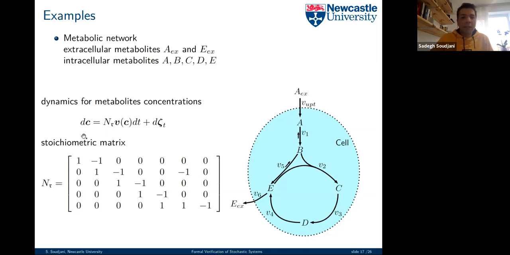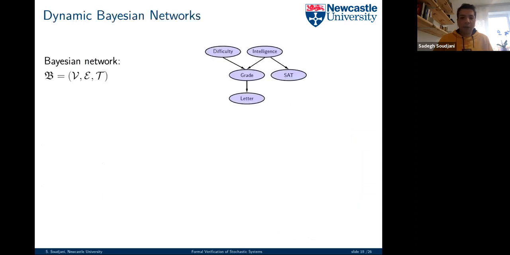And usually there is a stoichiometric matrix in this equation that gives exactly the structure, the way these metabolites are influencing each other. For example, here B is connected to A, E, and C, and this connection is reflected in this stoichiometric matrix. So all I want to say is that there is a structure, and we have to use this structure to make our approach more efficient.